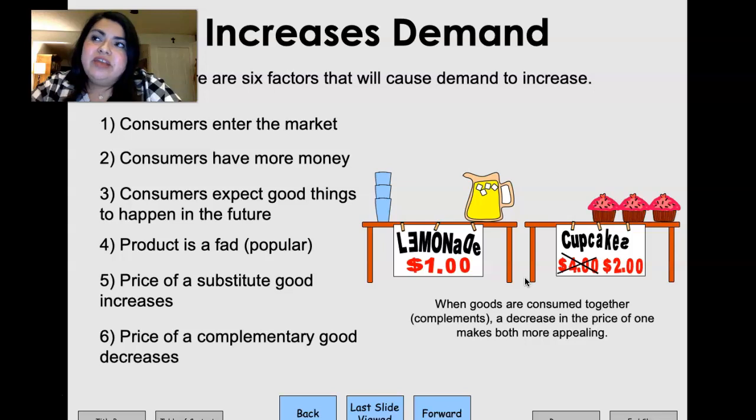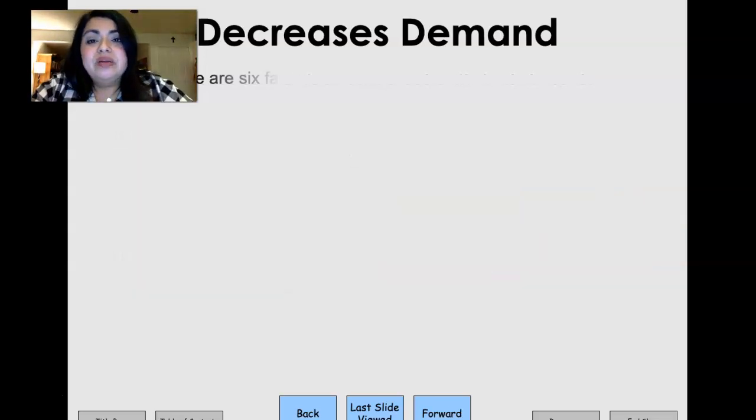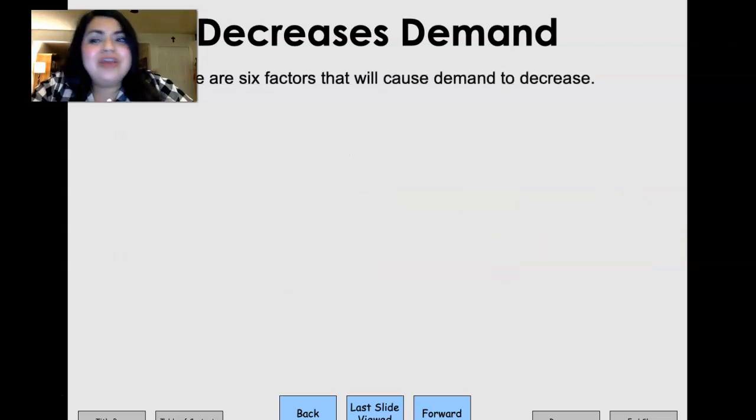At that time, because the gas was so high, people started to buy tiny little cars, like those little bitty Smart cars, because it was so expensive to fill up a big car. Nowadays the gas is cheap, so everybody's buying SUVs. Even the Hummer is coming out with a new one, even though it's electric. No one ever thought those big cars would be marketable again, but they are. So when the price of a complementary good decreases, the demand for something else can go up.